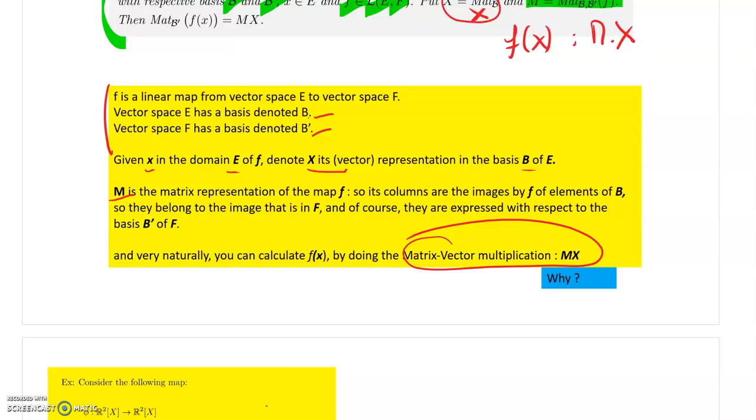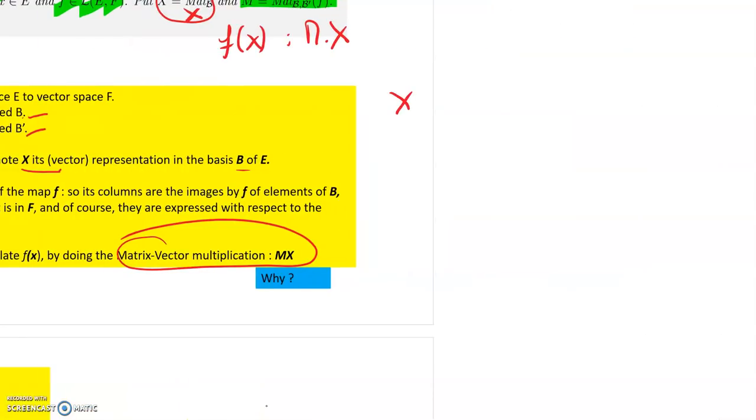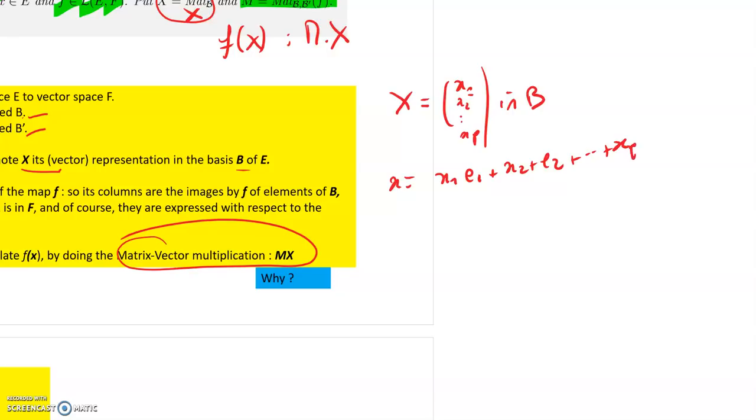Why? Because if x is a vector, let's call it x1, x2, up to xp in the basis B, it means that x is x1 times e1 plus x2 times e2 plus up to xp times ep.